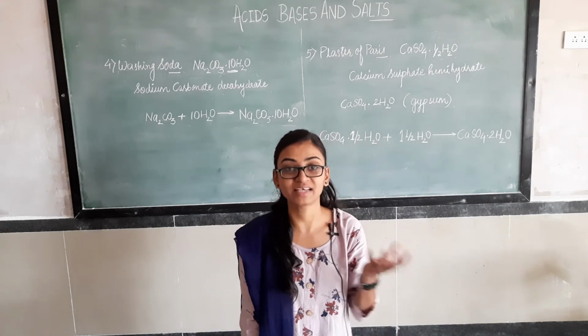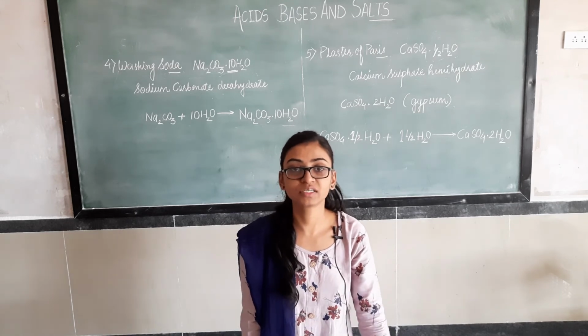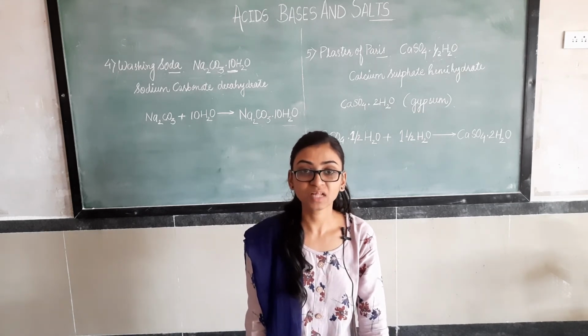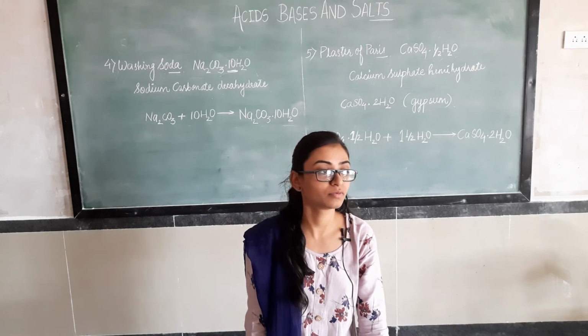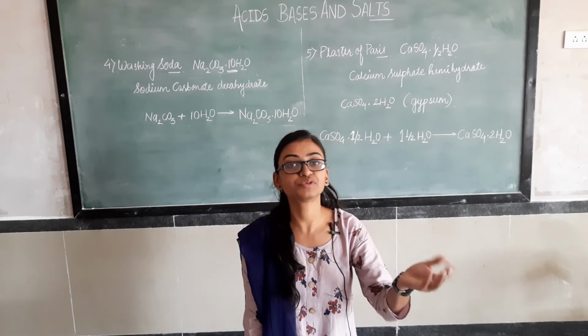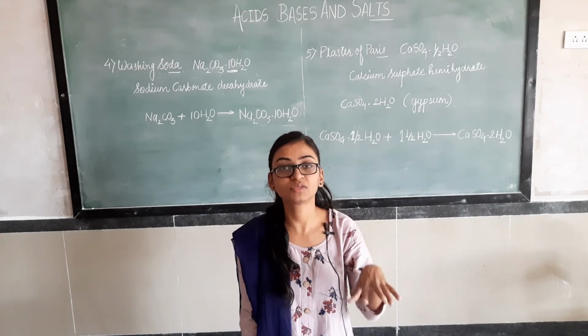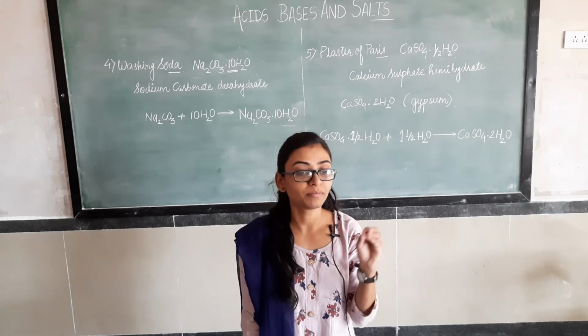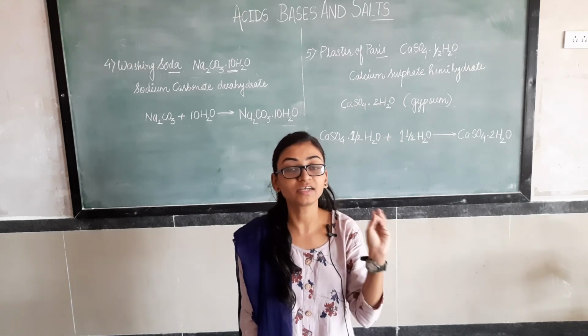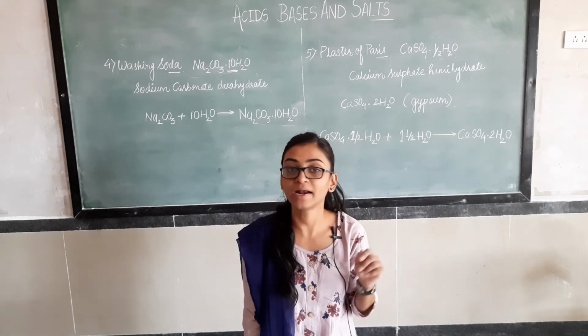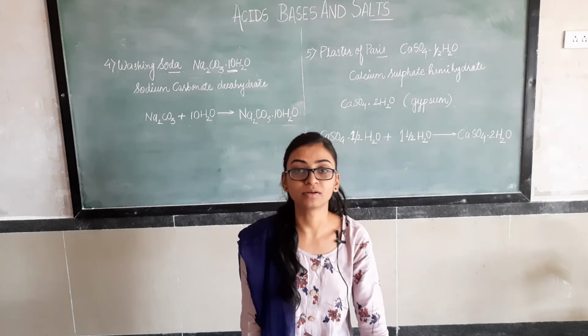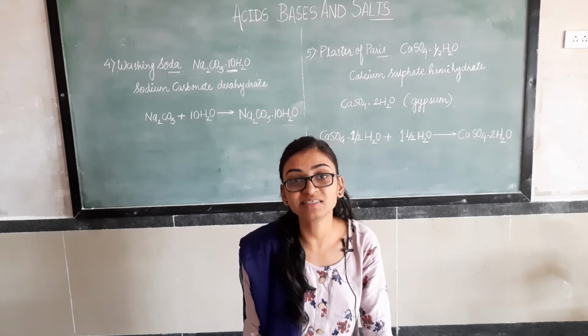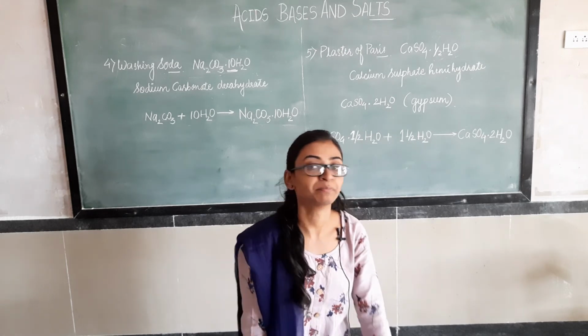It is used as a hardening agent. Have you seen this in cement? Dry cement is a loose powder, but when it reacts with water and completely dries up, what happens? It gets solidified. It is so hard that it cannot be broken by us. So here gypsum is used inside that cement.